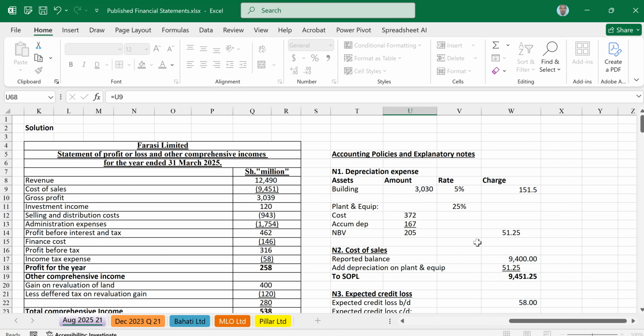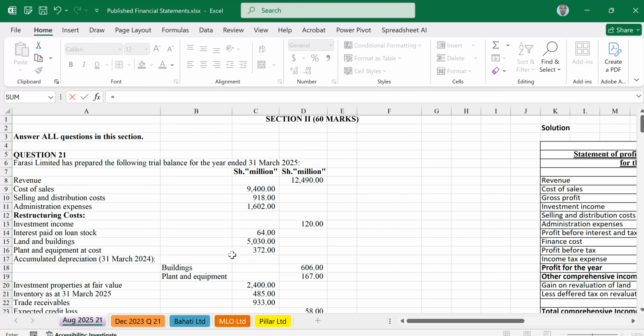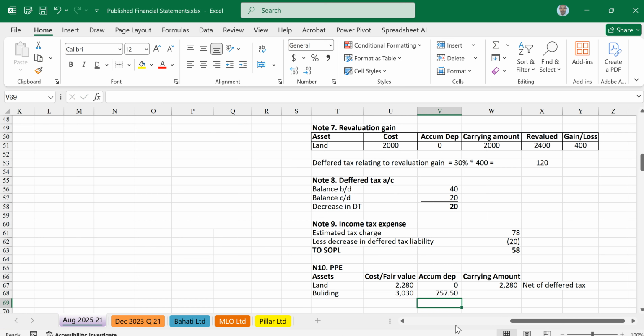Then give me the accumulated depreciation. Now the accumulated depreciation is the one that is in the trial balance. The trial balance has a depreciation of 606 plus the charge for the year, which was 151.2. Then you get that answer. Then the carrying amount is this.